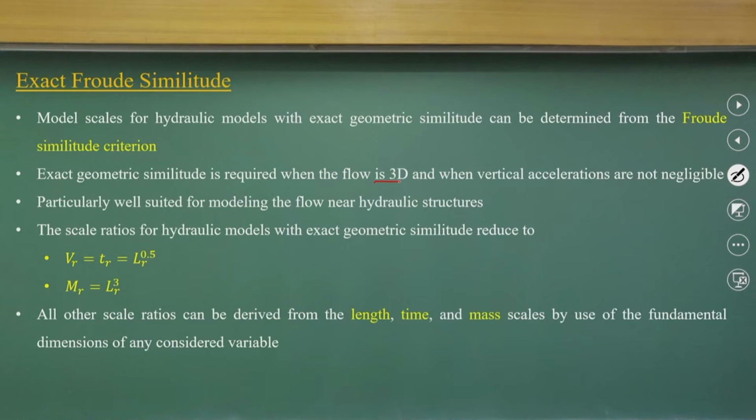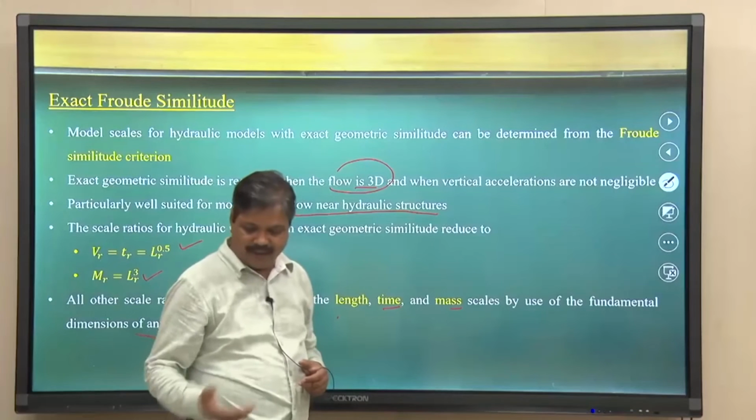If the vertical accelerations are not negligible, you need a 2 dimensional model, and these are particularly well suited for flow near hydraulic structures, as I said, spillway structures or sluice structures. So, you can have the length scale and the mass scale like this. Using the fundamental dimensions, we can derive the length, time and mass scales.